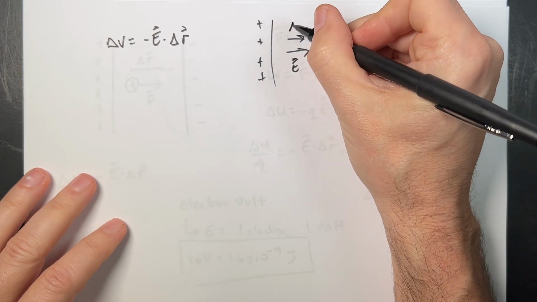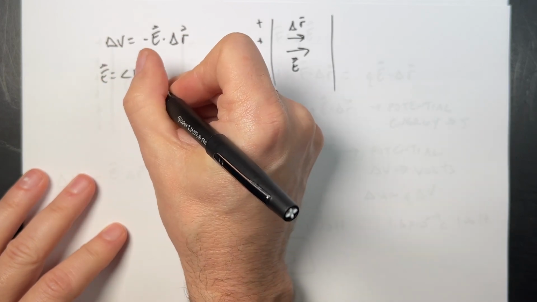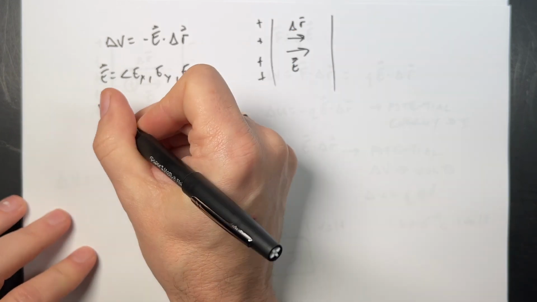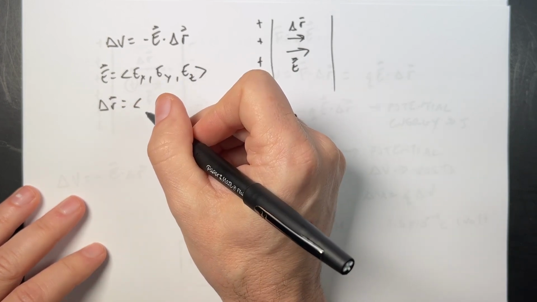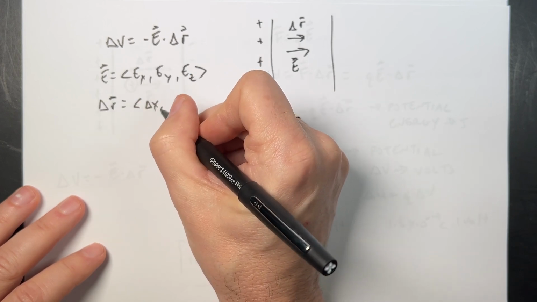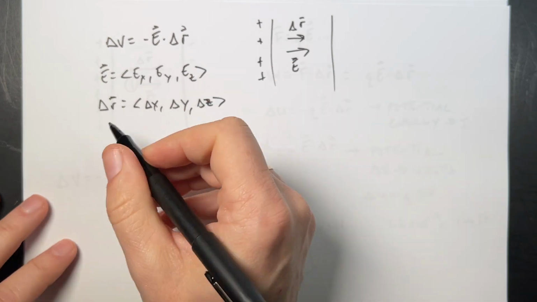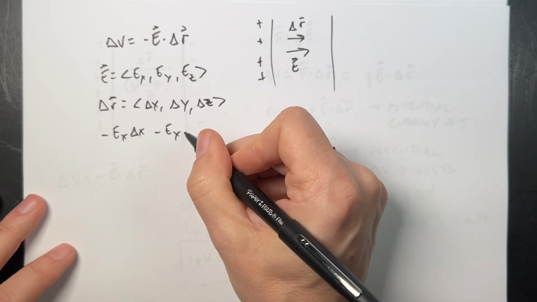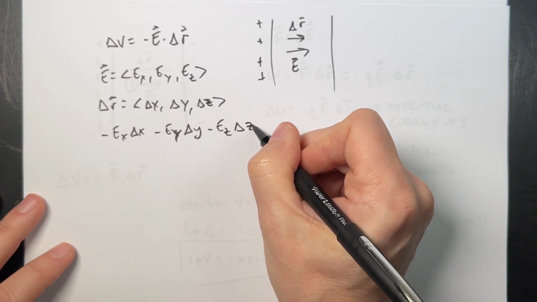I can write E as the vector Ex, Ey, Ez. And then delta R, let's write this as delta x, delta y, delta z. So the dot product is going to be negative Ex delta x minus Ey delta y minus Ez delta z, and that's going to be delta V.